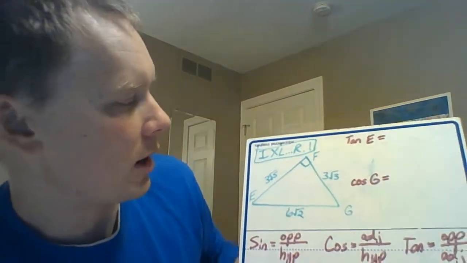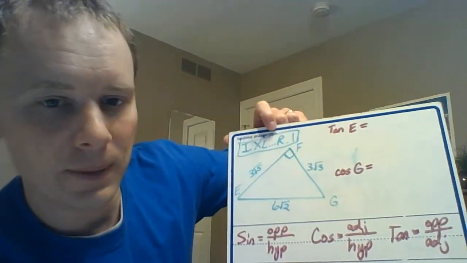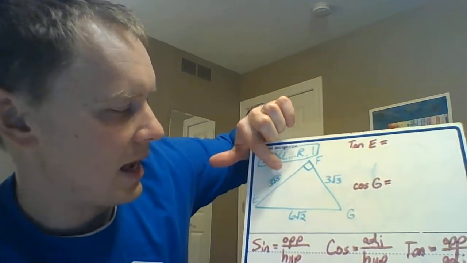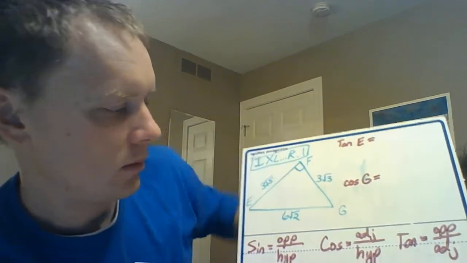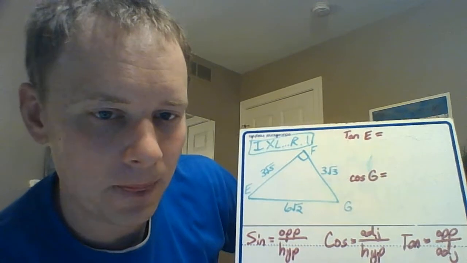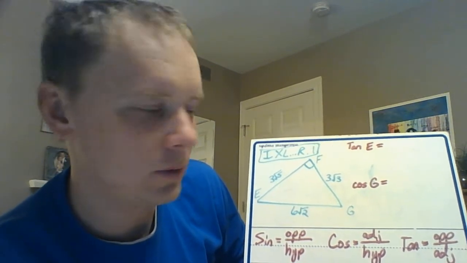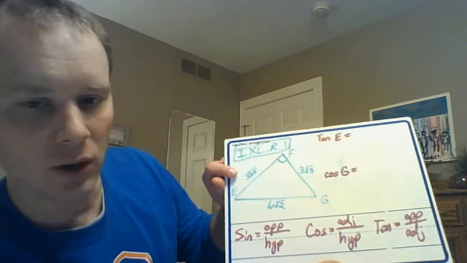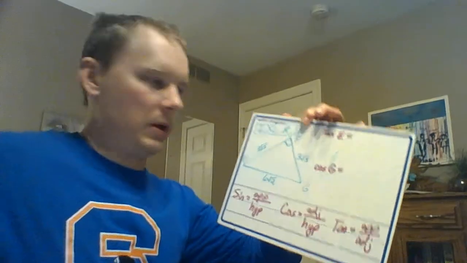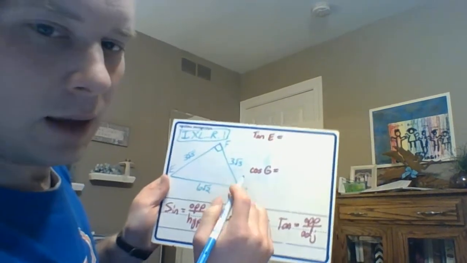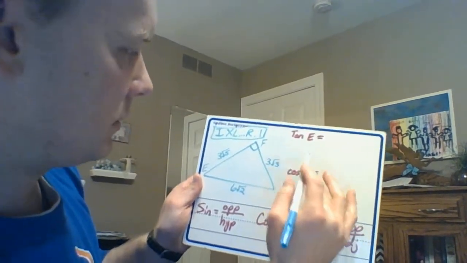So first off, on IXL R.1, towards the end, they were giving you triangles with radicals in them. That was confusing many of you. So let me go through two examples that would use this triangle right here and see if that can help you a little bit. I think on this one they asked you, what is the tangent of E?